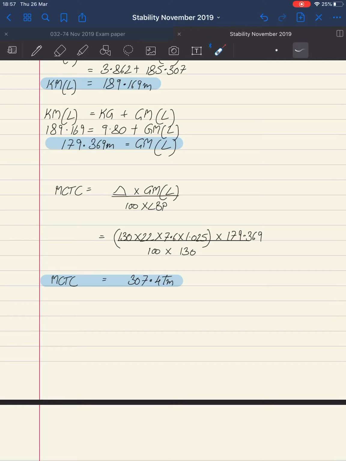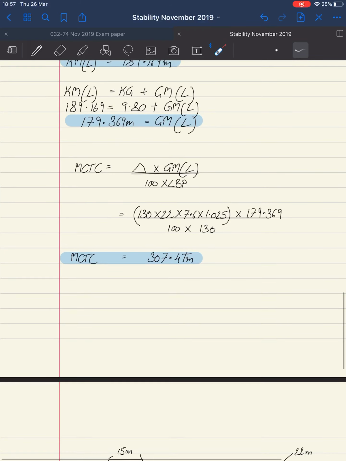So to find out the drafts at the forward end and aft end, we need to find the trim, and trim depends upon the MCTC, which is moments required to change trim by centimeter. So MCTC is equal to displacement multiplied by GM longitudinal divided by 100 times the LBP. So we put in the values.